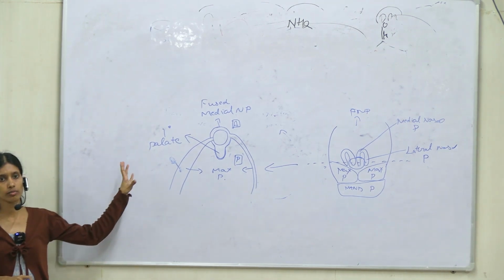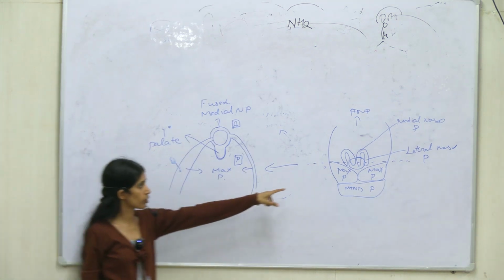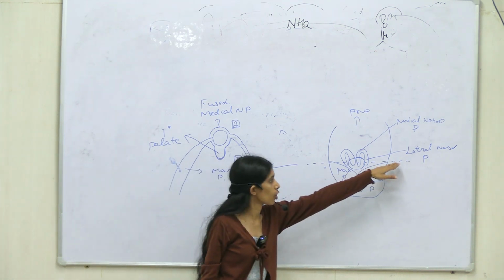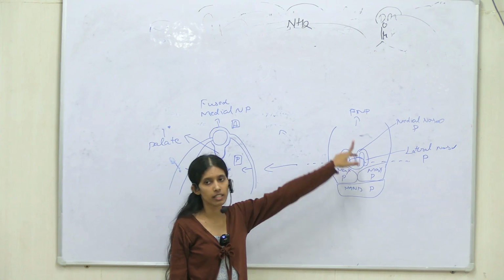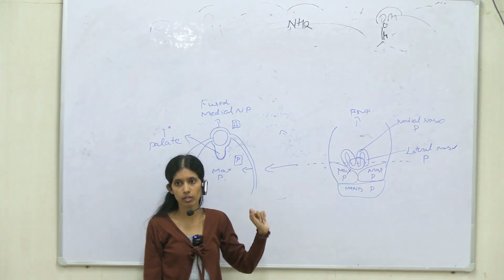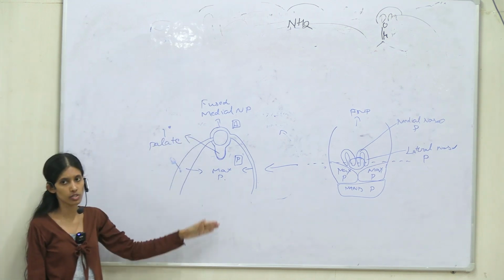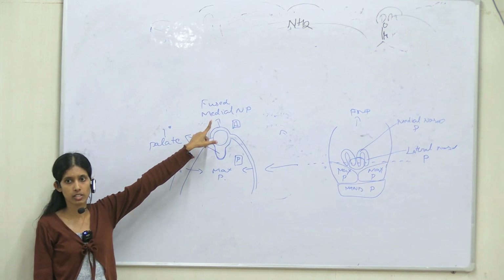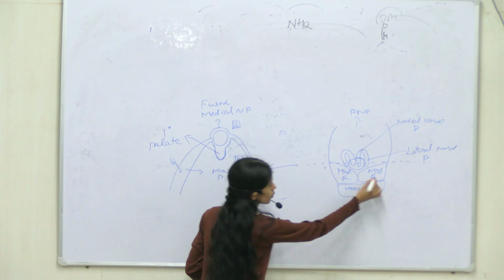Any doubts in this? Okay. So, from this we have to take the horizontal section. I am taking horizontal section at this level, where your two medial nasal processes will meet with one another, okay. So, in a horizontal section, this is how the structure will look. The very first part is your fused medial nasal process. On either side, we have maxillary process, right.